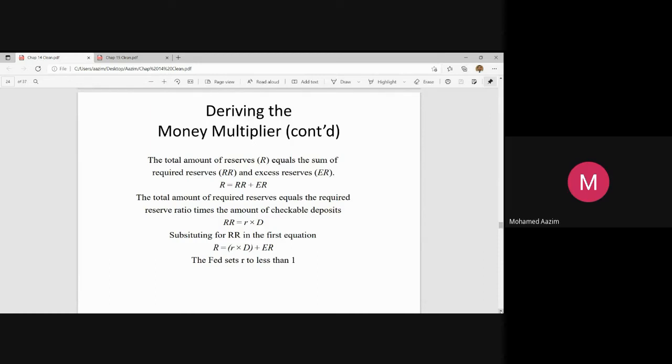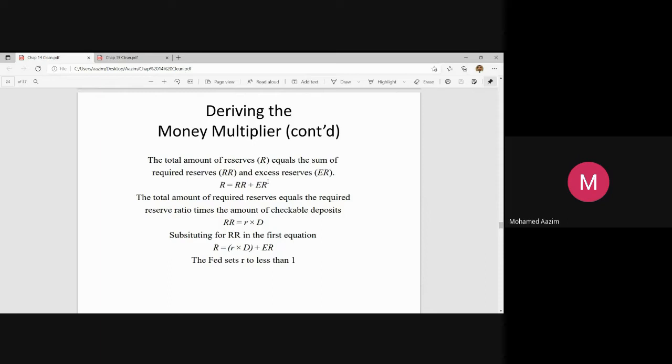So to define it now, that is the combination of required plus excess. So we now define the reserves as required reserves plus excess reserves, that is RR plus ER. That is this component in the handout and the equation. R, reserves, equals required reserves plus excess reserves.